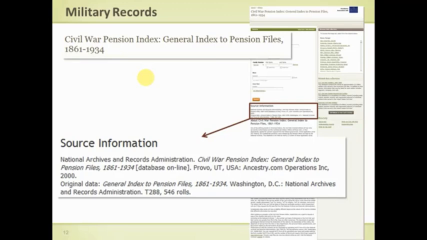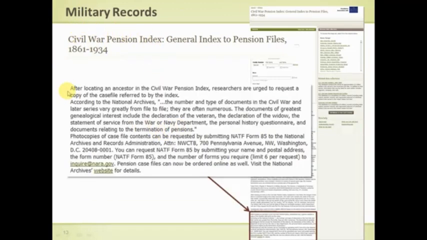Wonderful, rich details in pension files that can sometimes be up to 100 pages long and contain information you just won't find elsewhere. But if you looked at the Civil War Pension Index, the details on there are pretty sparse. So you really want to go after these pension records. First thing to do is, again, go to that main database page, click on the source information, and you can see here that these are held at the National Archives. Further down in the description, we've included the information on how you would order photocopies of the case file.